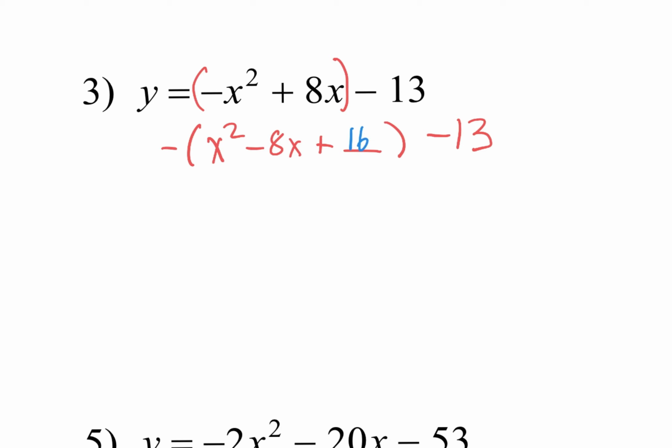Very good. But now what? You would do 16 minus 13. Subtract a negative 16, which would be the same thing as adding 16. We have to add 16 to this, and we add 16 to this because, again, you throw that negative back in there. It's negative x squared plus 8x minus 16.